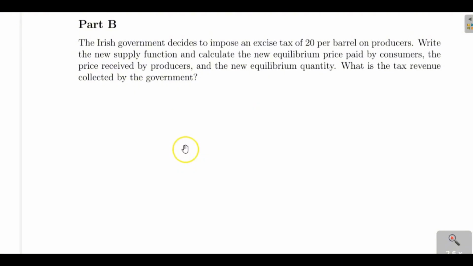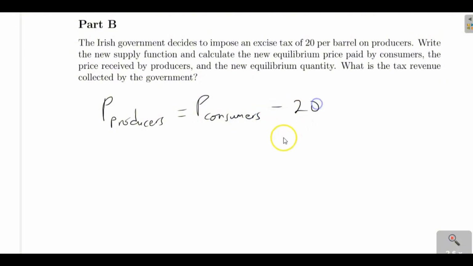Now, what we need to know is that whenever they impose an excise tax, and note that this excise tax is imposed on the producers, it means that the price received by the producers will be the price paid by the consumers minus the tax, which is 20.